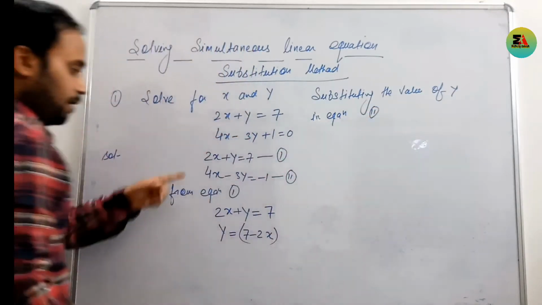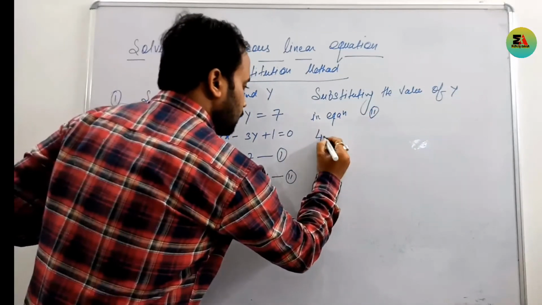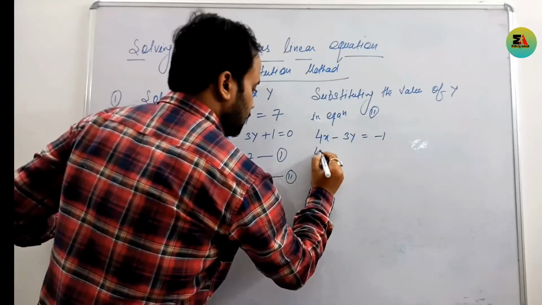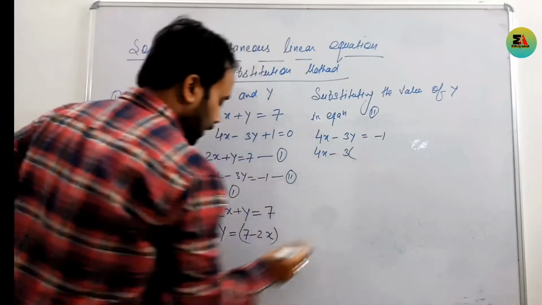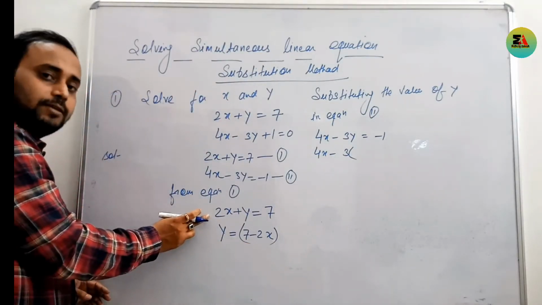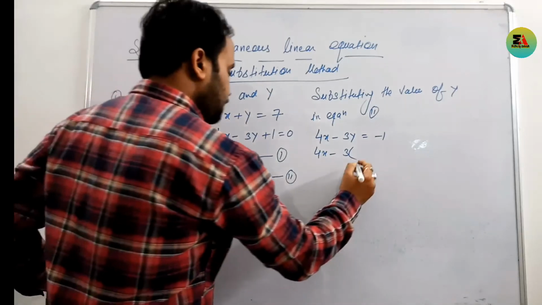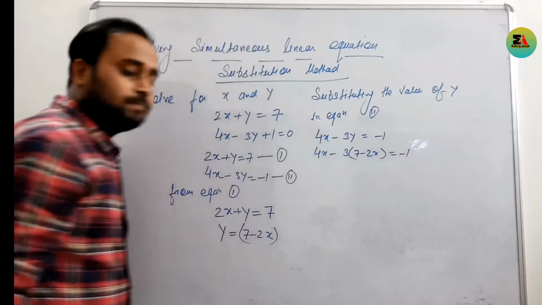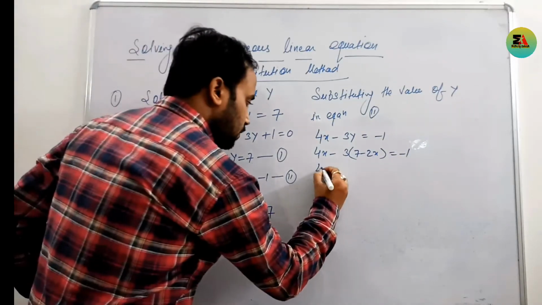Equation 2 is 4x minus 3y equals minus 1. Now substitute the value of y. The value of y will be 7 minus 2x, calculated from equation 1. So 4x minus 3 times (7 minus 2x) equals minus 1. Clear? Now solve this one.